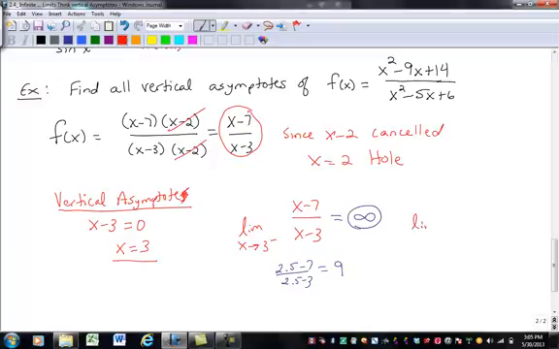We can also look at the right-hand limit. We can approach 3 from the right of the simplified version of the function. It's easier to work with. Since it's to the right, I have to choose a number that's bigger than 3 to plug in for x. How about 3.5? Oh, that's a minus 7 in there. I'm having trouble copying all of a sudden.